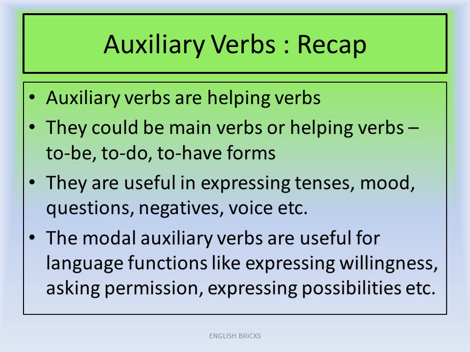They are useful in expressing tenses, mood, question, negatives, voice, etc. And the modal auxiliary verbs are useful for language functions like expressing willingness, asking permission, expressing possibilities, abilities, etc. So these are the functions of the auxiliary verbs, and this is just a brief introduction to auxiliary verbs. You will learn about all of these in greater detail in the coming lessons. Ready for that? Yeah, good.